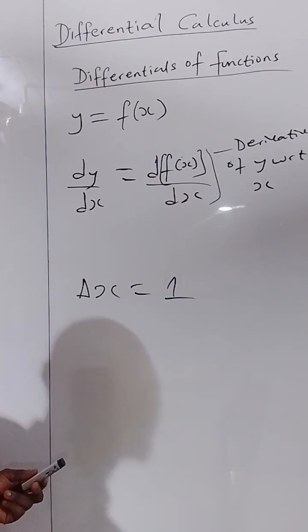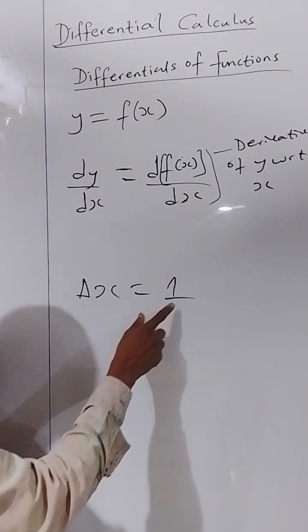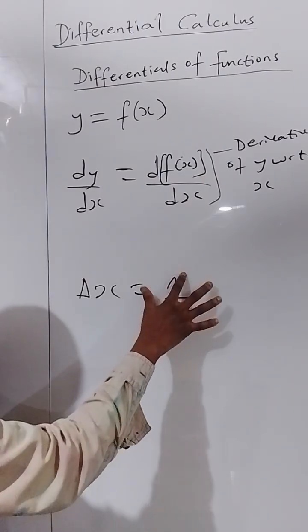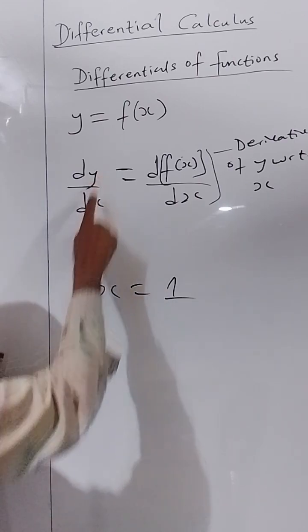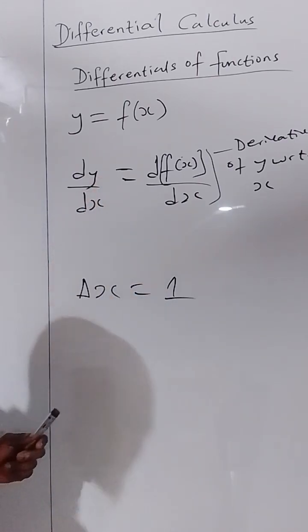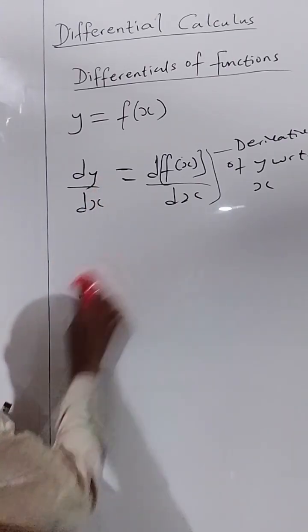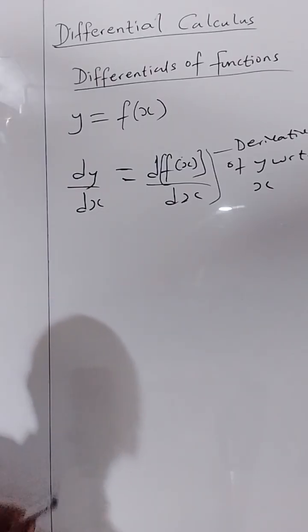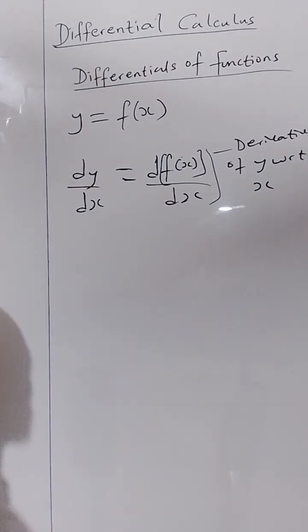But in differentials, we are not looking at the effect of a unit change in x on y. We are looking at the effect of the total change in x on y. In reality, we will not always have a unit change in x. It may be a 2 unit change, a 3 unit change, or more.